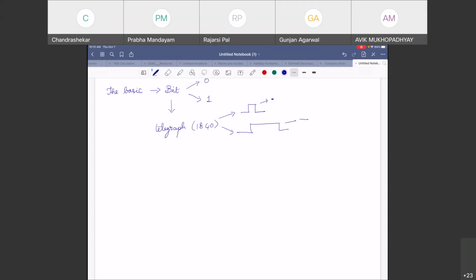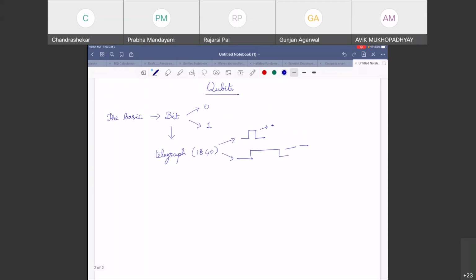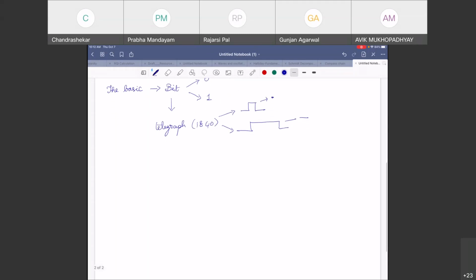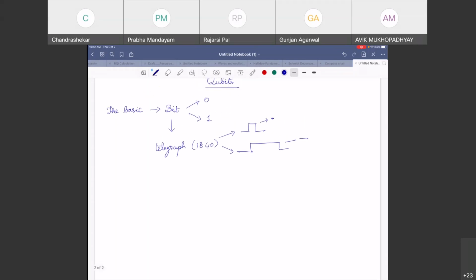We can say this created the whole idea that whatever information you have can be encoded with only two possibilities. The reason you try to use only two possibilities is you can associate 0 with a lack of voltage and 1 with having a voltage.